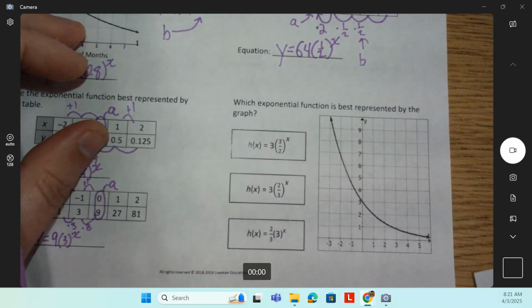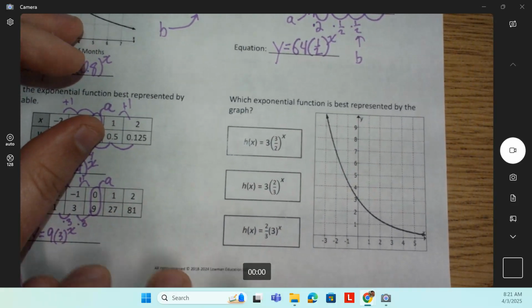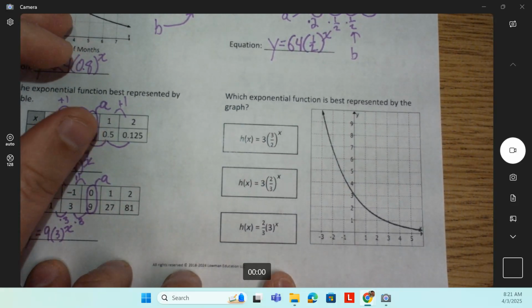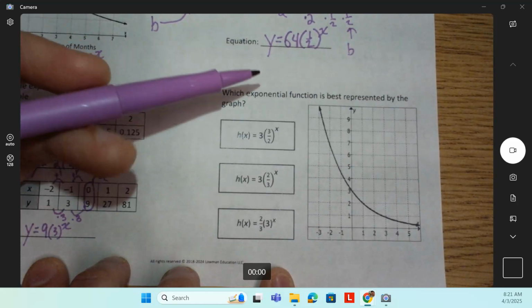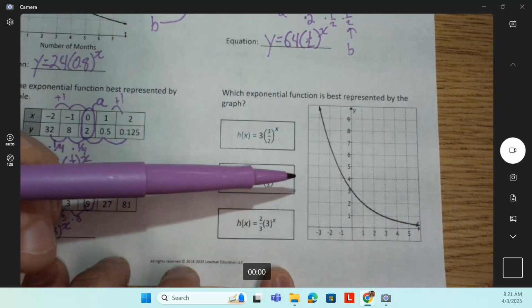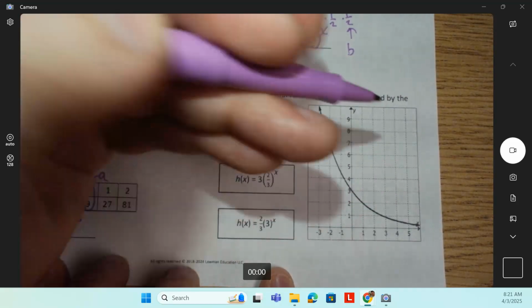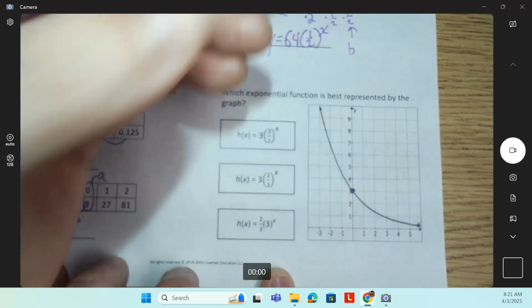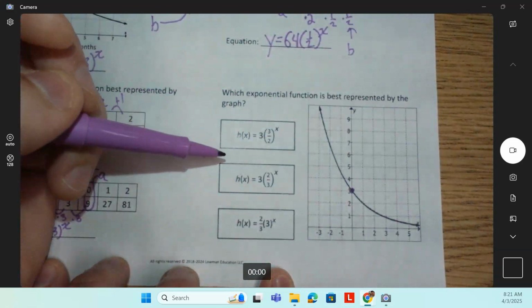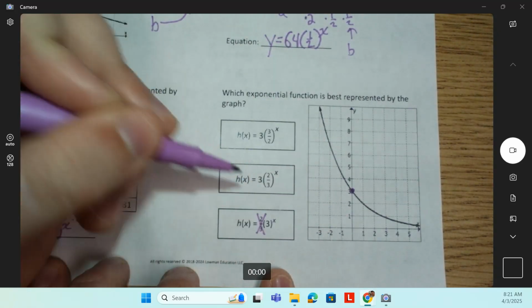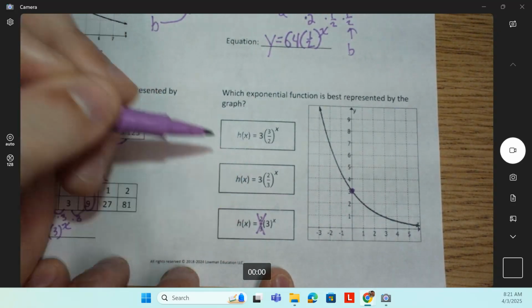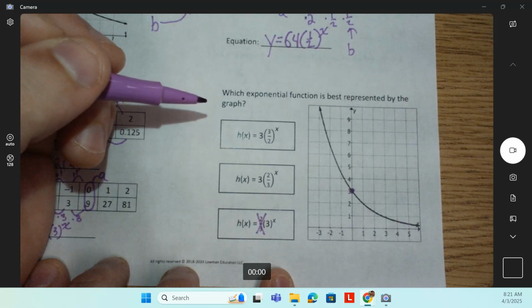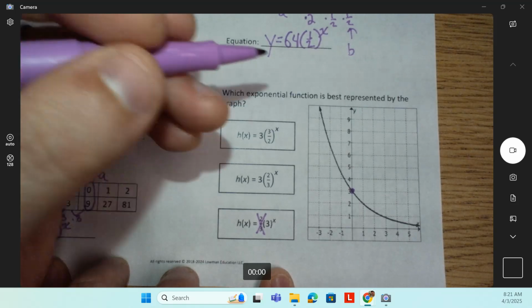So looking at the last one, we're going to go with what we know here to figure out which function matches up with this. The first thing I notice is that this a value is 3. So since that is not a 3 there for my a value, I know I'm out from that. And then I just need another definite point on here.